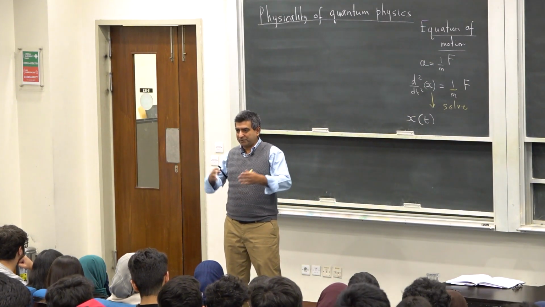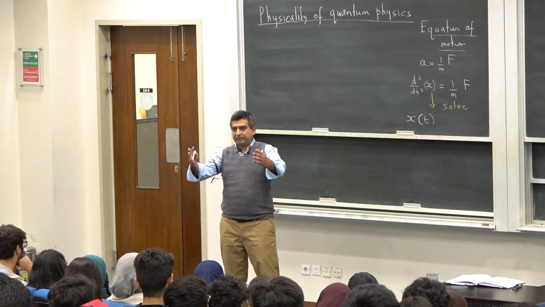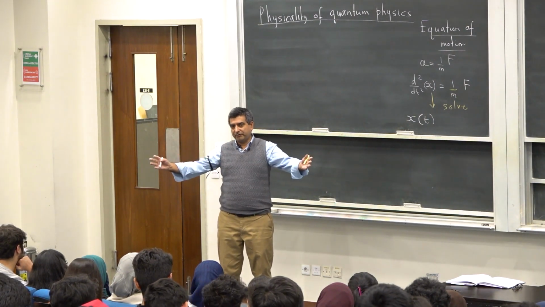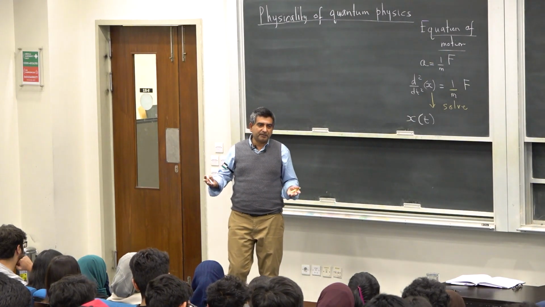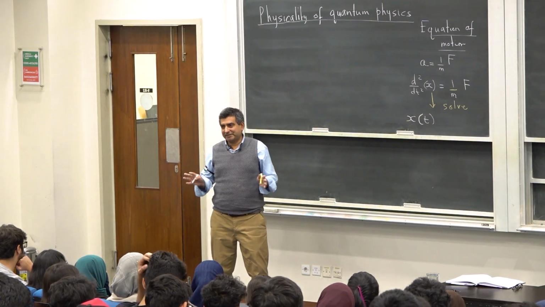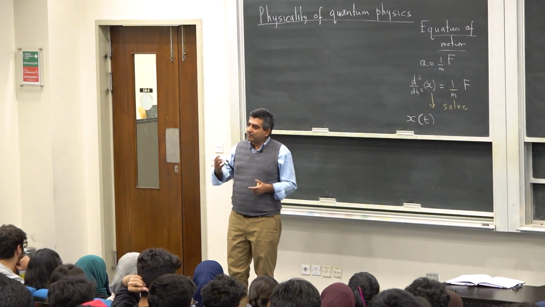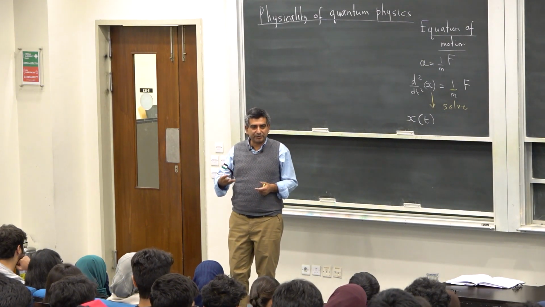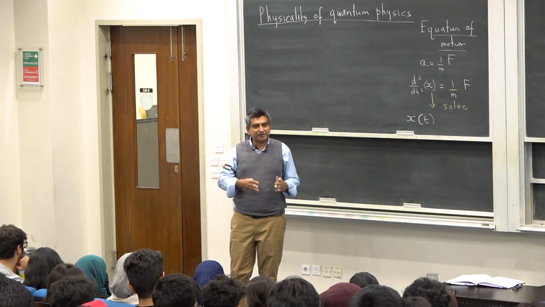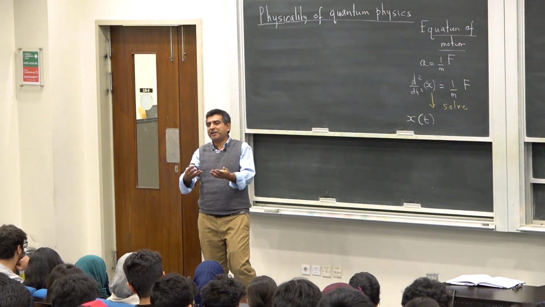This is the power of Newton. Newton's ambition was to understand the universe, and that's what you've been learning about in your classical physics course. Now we have stepped into the quantum world, so we must have analogous equations in the quantum world that describe how objects change with time.